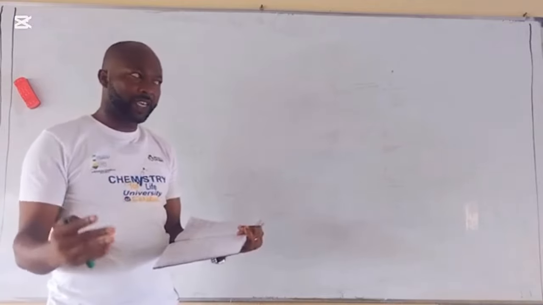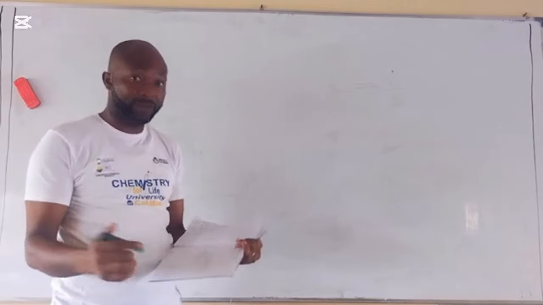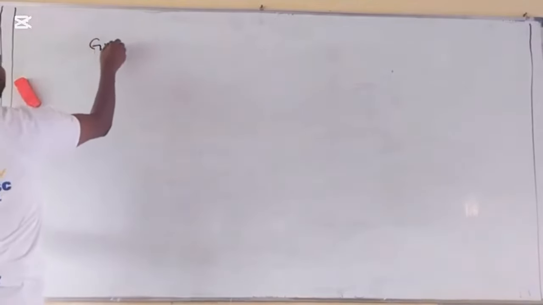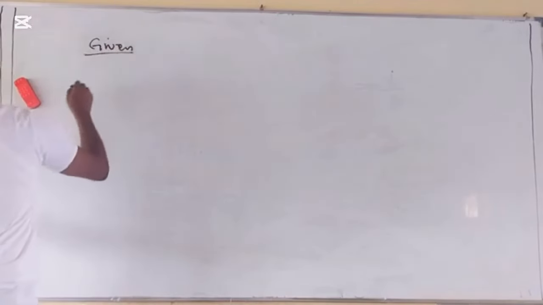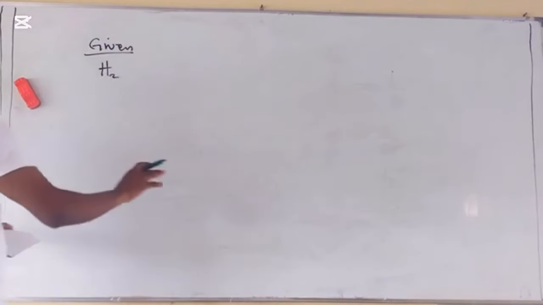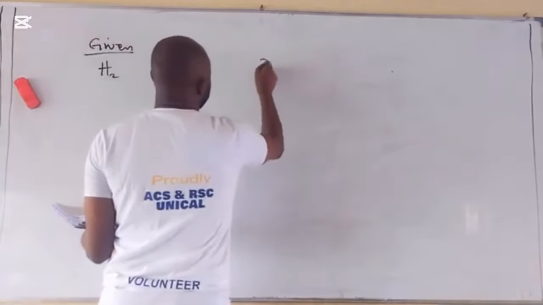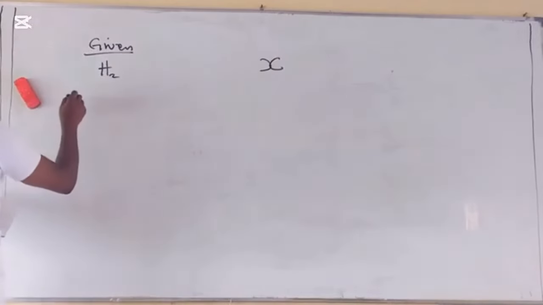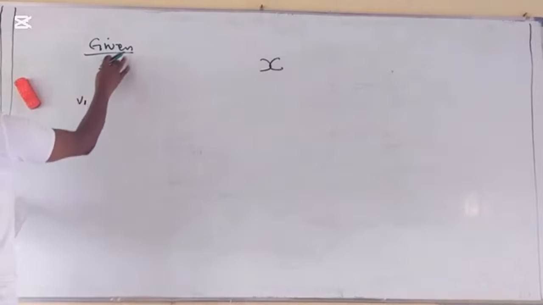So let us begin by bringing out the given. We have hydrogen, this is hydrogen gas in its form, and the other gas is X, unknown. I'll call this V1 because hydrogen is the first gas.